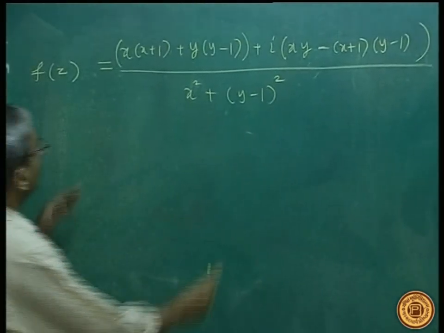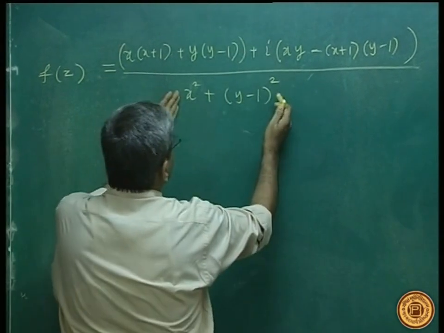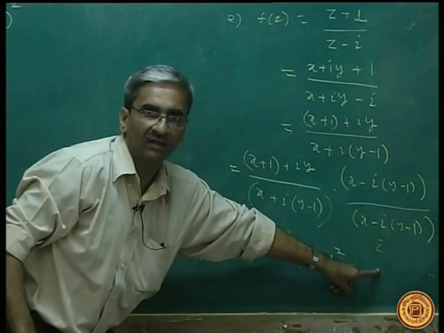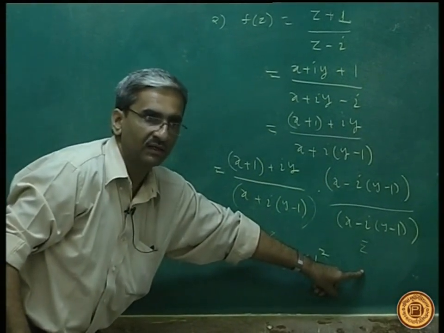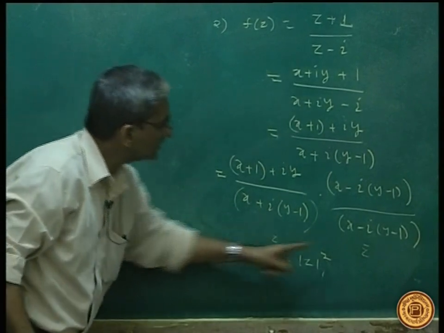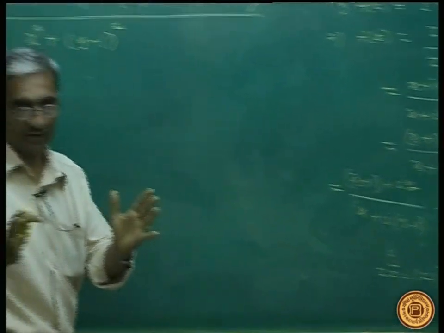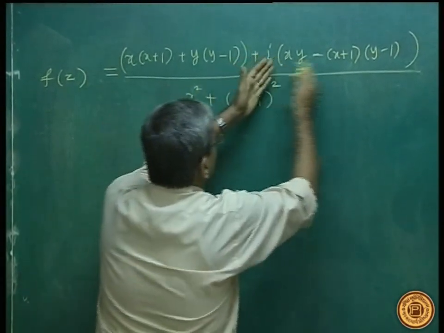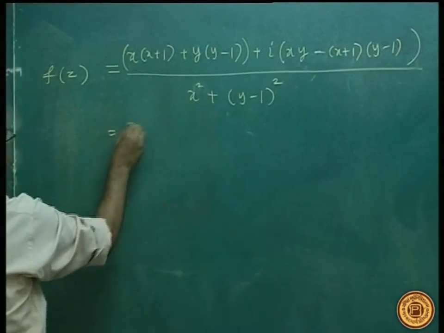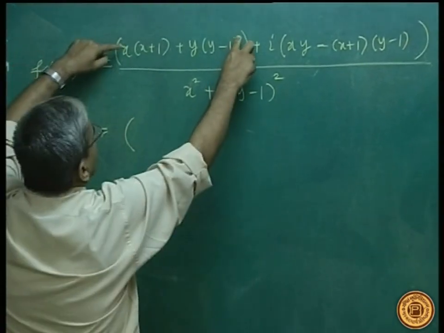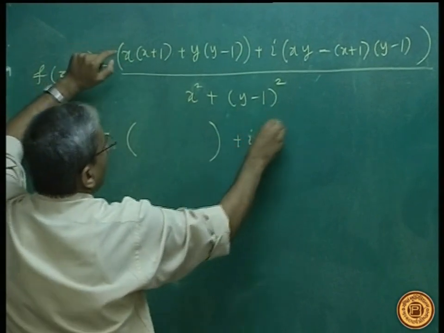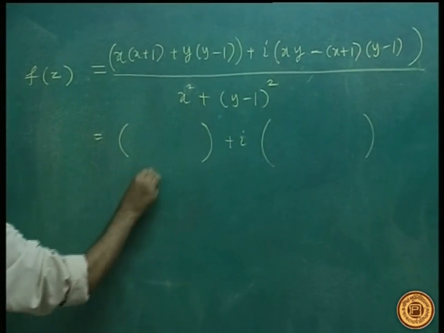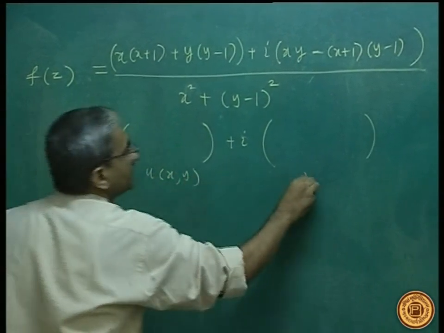Now what is u(x,y)? Note that the denominator is real. Therefore we have multiplied by z bar. Why have we multiplied by z bar? Because that will give z z bar equal to mod z square, a real quantity in the denominator, and then we can split the numerator as this upon this plus i times this upon this.